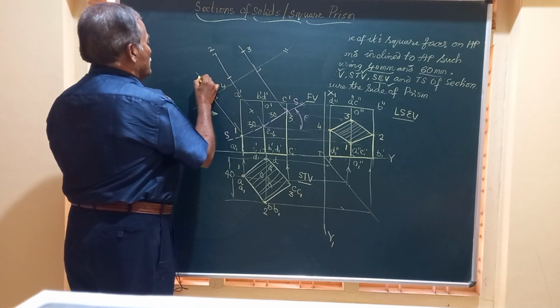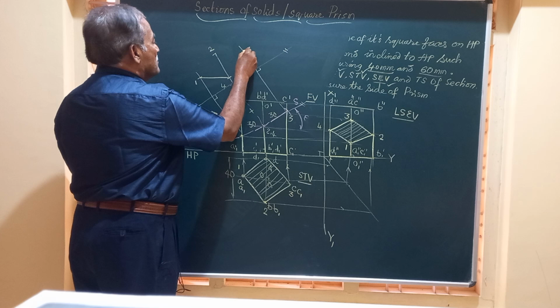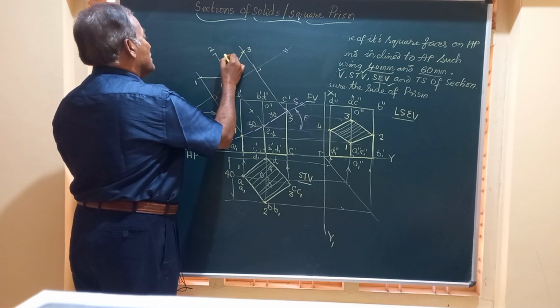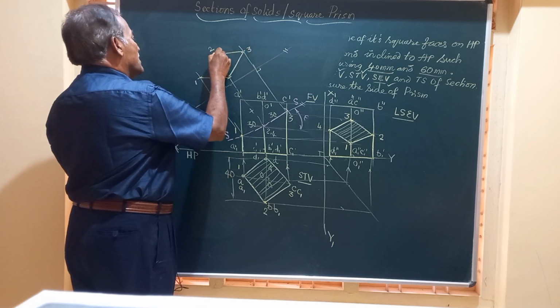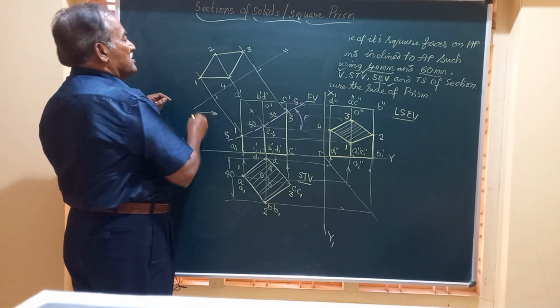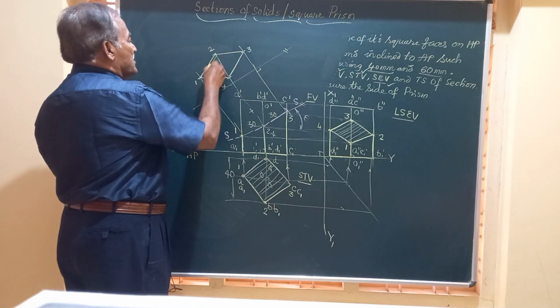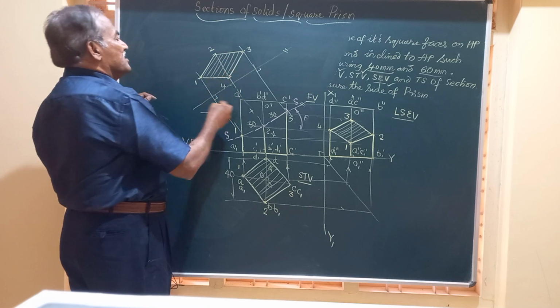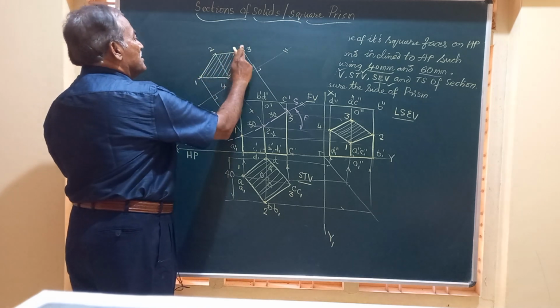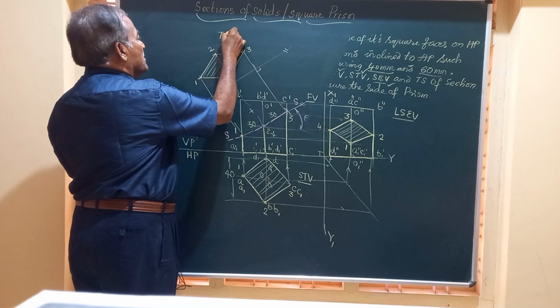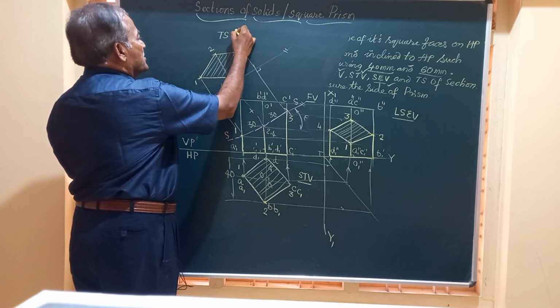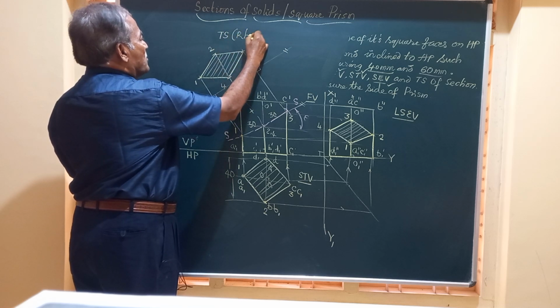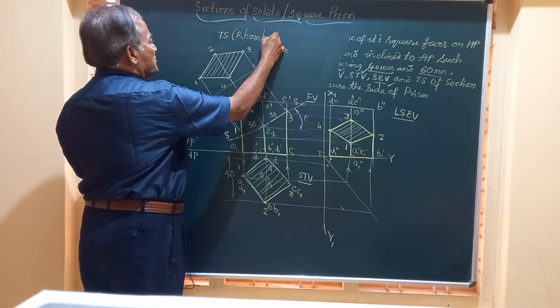So I will join 1 to 4, 4 to 3, 2 to 3 and 2 to 1. Friends, this figure 1, 2, 3, 4 so obtained is the true shape of section, and this true shape of section is a rhombus. That's already specified in the question.